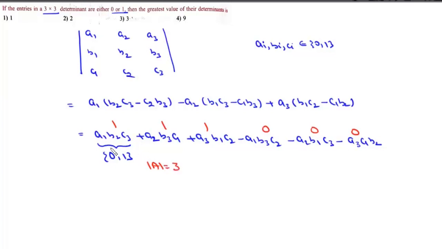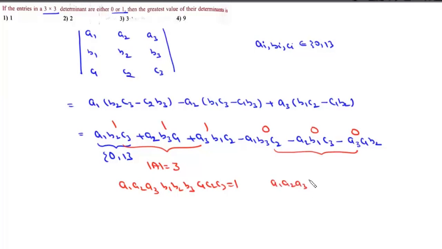But here we do have a problem. We multiply all these terms, then we'll get A1, A2, A3, B1, B2, B3 and C1, C2, C3. It is 1. And we multiply these 3, then we'll get A1, A2, A3, B1, B2, B3 and C1, C2, C3. It is 0. Now this product cannot be 1 and 0 simultaneously. So that means this determinant cannot take the value 3.